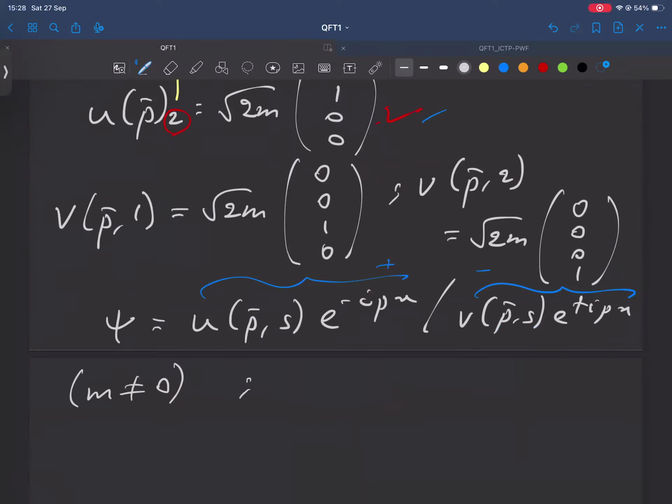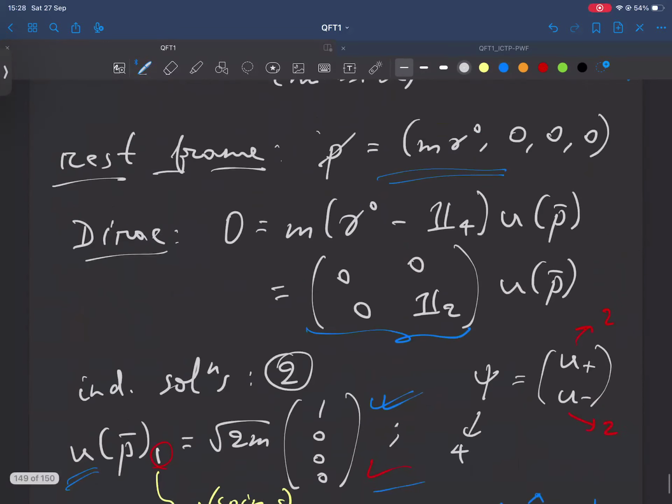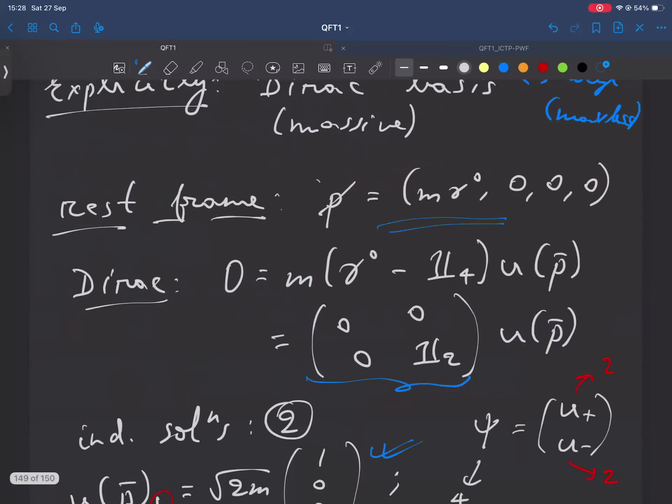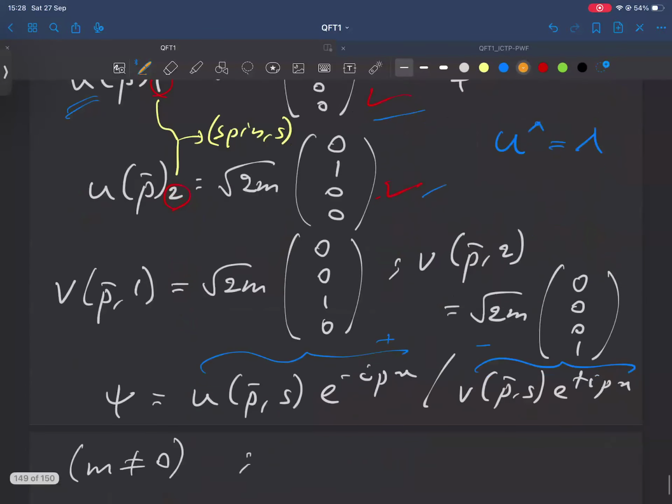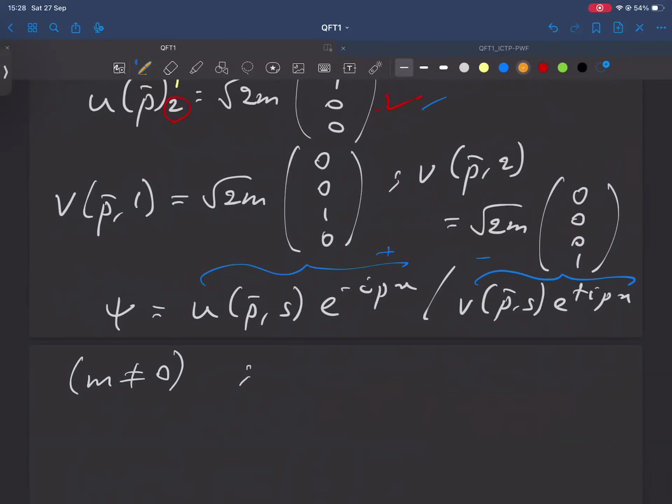The reason you can understand is this: we could solve this so easily because we could go to a rest frame, but for the massless case we cannot go to such a rest frame, so explicitly solving this becomes difficult. I can give you some references later on Slack, but I won't discuss it here. So we will only discuss the massive Dirac equation from here on. Thanks for your question, I was forgetting about this.